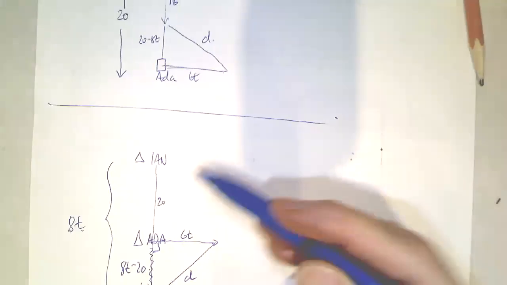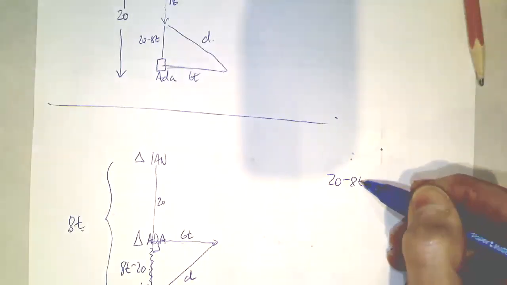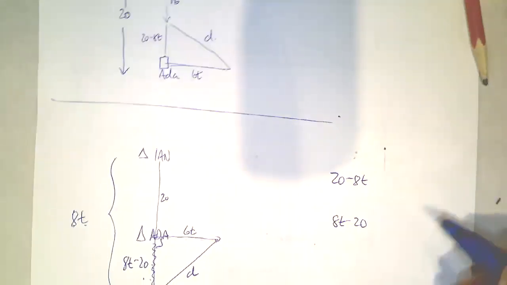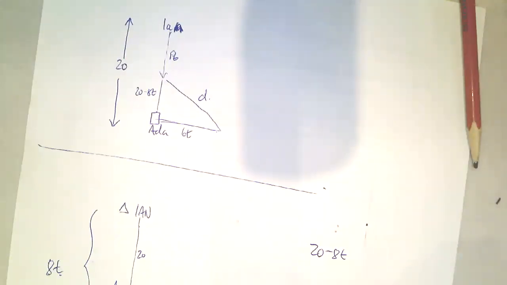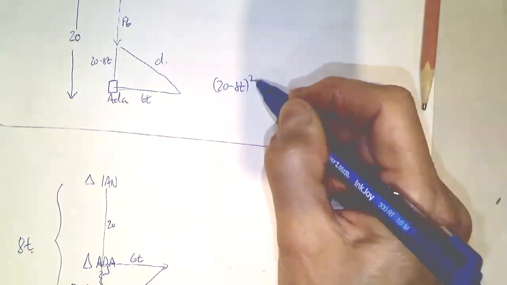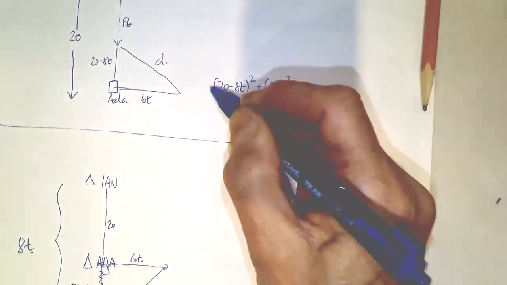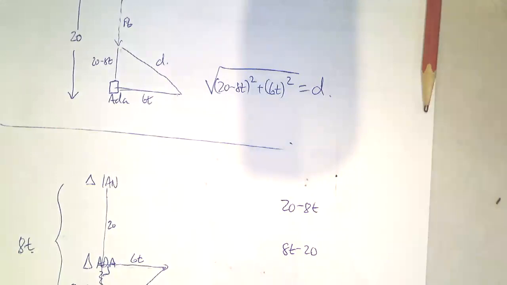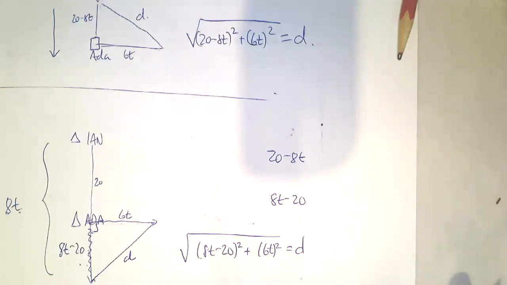And look at the difference between the two of them. One is 20 minus 8t, the other is 8t minus 20. They're opposites. Now we use the Pythagorean theorem up here, so obviously we would do the same thing here. And the only difference, you would think, oh my goodness, we're getting a different equation, but we're not.